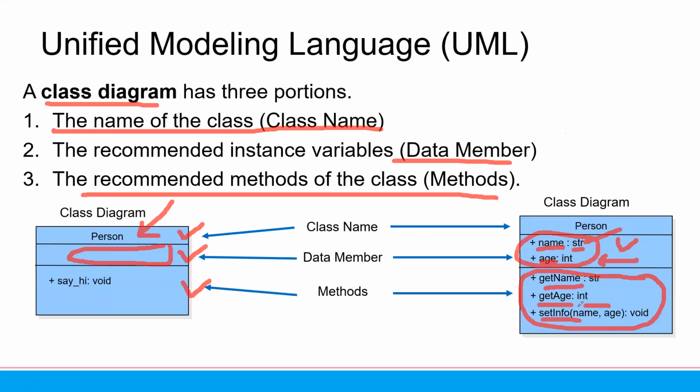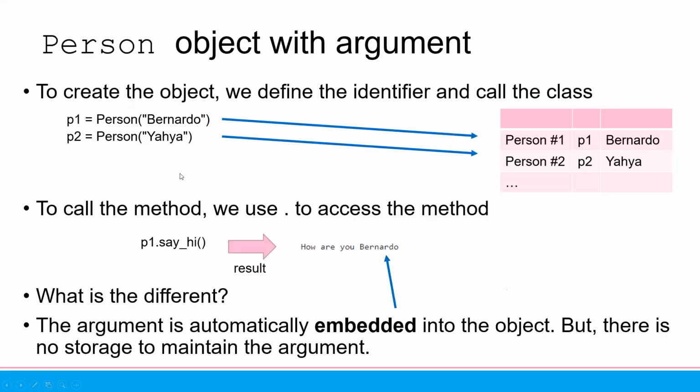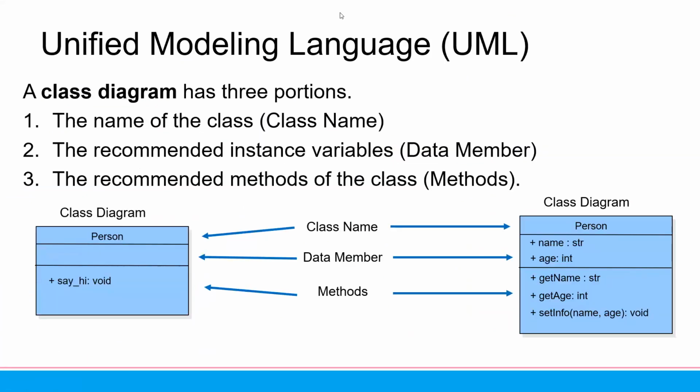Maybe the person's name has been changed, or the age has been increased by 1, so I want to update that information. So I have one function to update the information. I will explain this one after the break. Let's have a break.